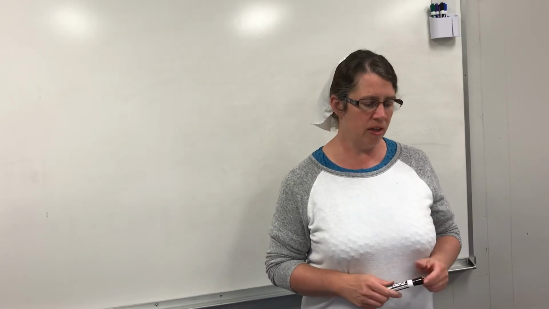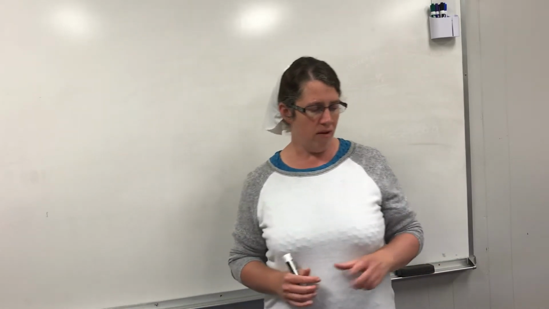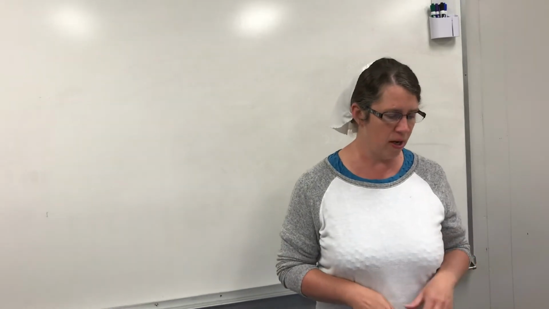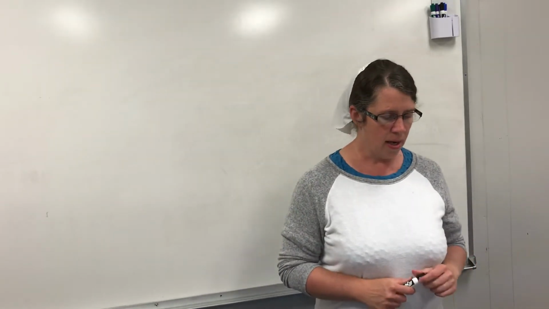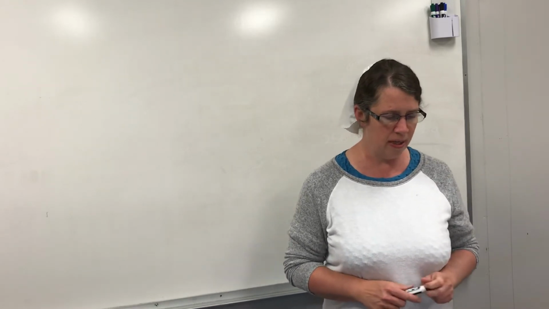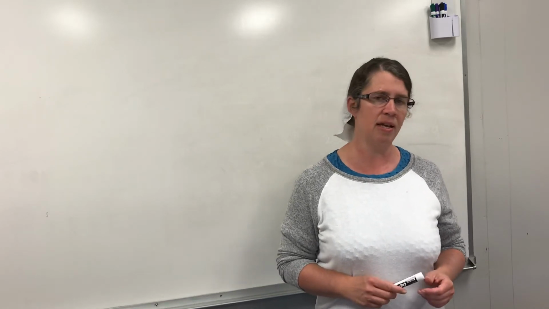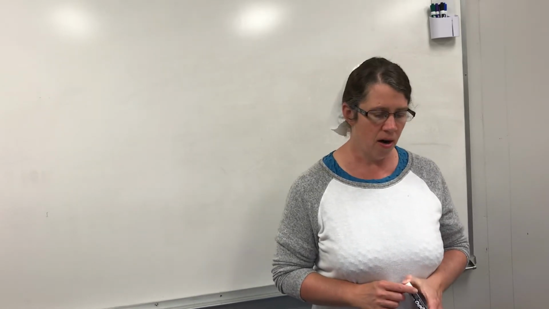Here are the elements of a story with key pictures to help you remember them. If you look, you've got a picture and it looks like a lake, and it's got some mountains in the background, it's got some trees, and this is called the setting. The setting is the time and place of your story.